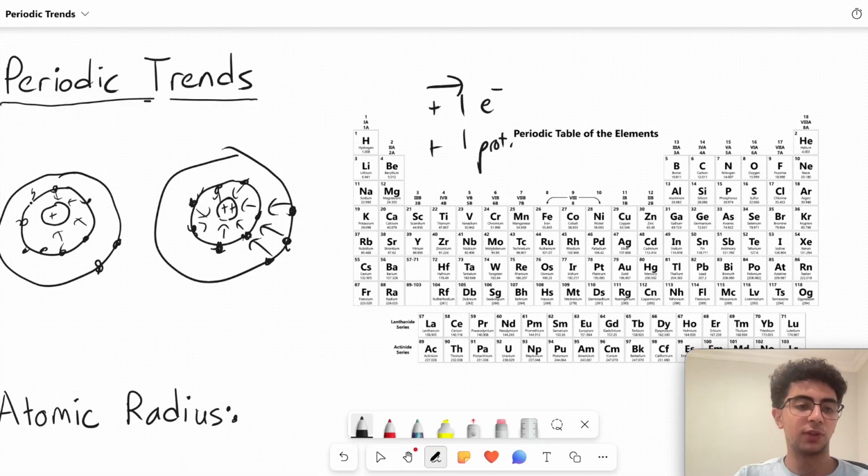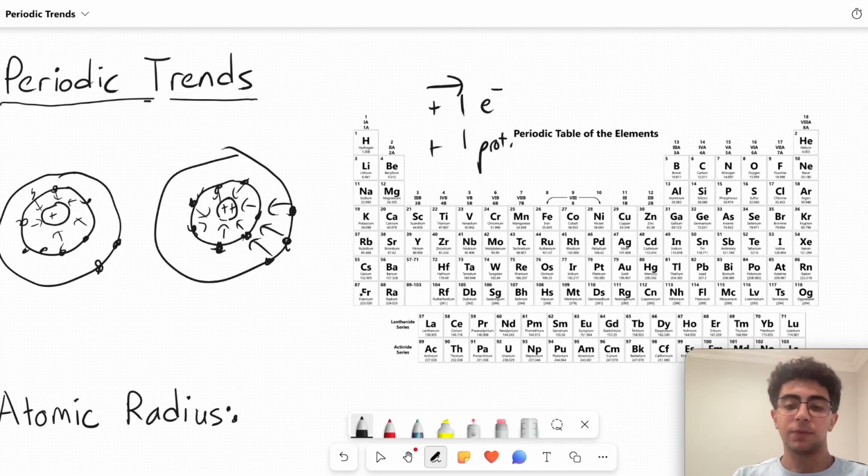This one will still attract it, but it's not going to be as strong as this. So why does this matter? Because this one has stronger attraction, everything's going to be pushed inward, and it's going to be smaller. So as you go to the right, you're adding more protons, and because of that, there's stronger attraction, and everything's attracted more inward and it gets smaller.